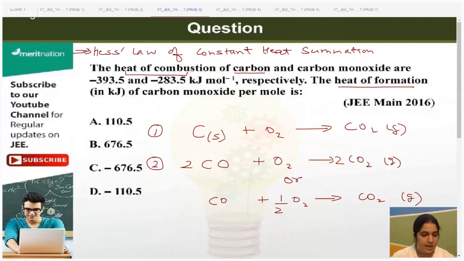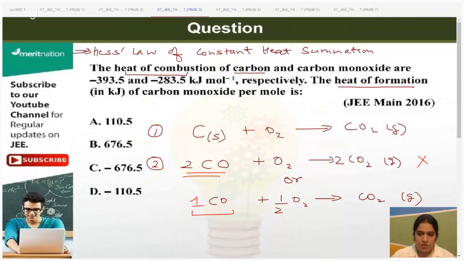So the equation I have written with 2CO is incorrect; it will not have enthalpy equal to this. We take the equation where the coefficient of CO is 1. CO is the substance getting combusted, so we put 1 mole here and then balance the rest of the equation. This is for heat of combustion.